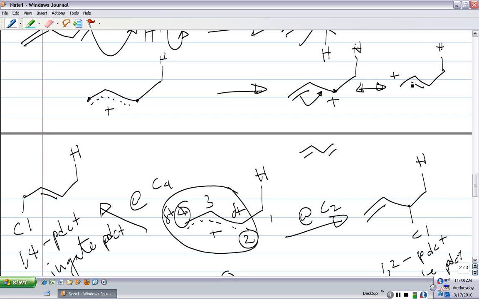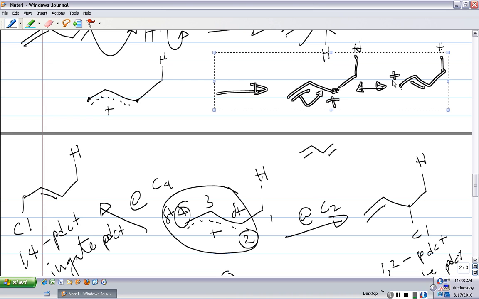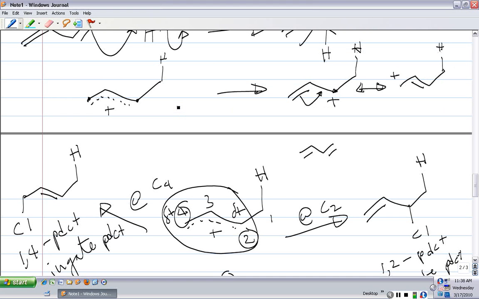Because there's a certain fundamental stability associated with any allylic species. So that's equivalent. Beyond that, this one is secondary, this one is primary. Primary carbocations are less stable than secondary carbocations. And therefore, this species is actually more stable, makes a bigger contribution than that species.